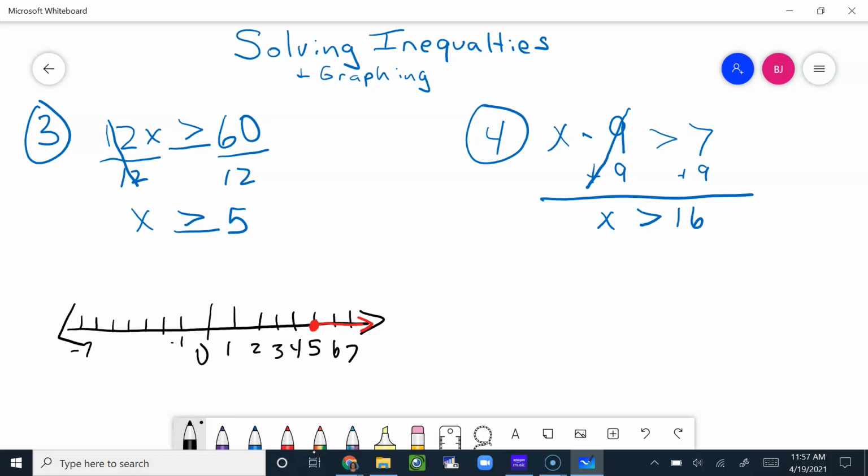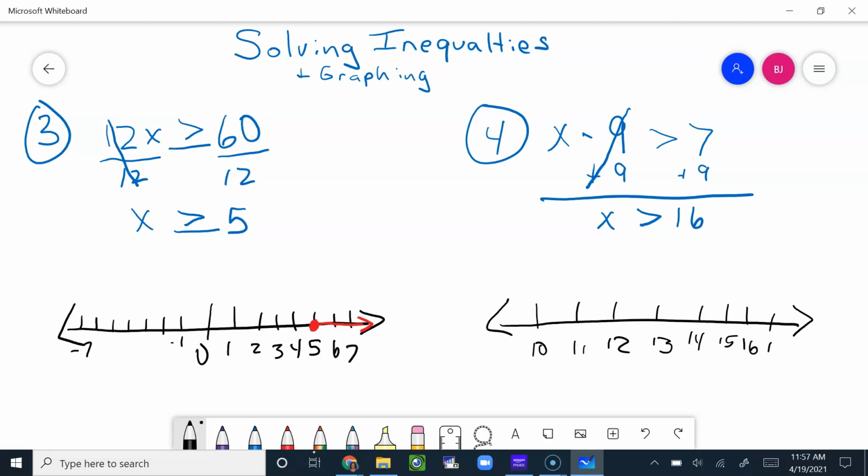So if I draw my number line here, and say I'm just going to start at 10, then 11, 12, 13, 14, 15, 16, 17, would I have an open or a closed circle?